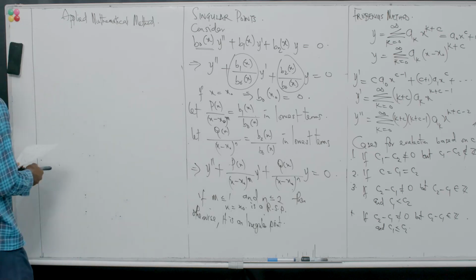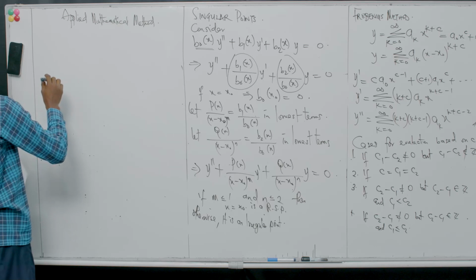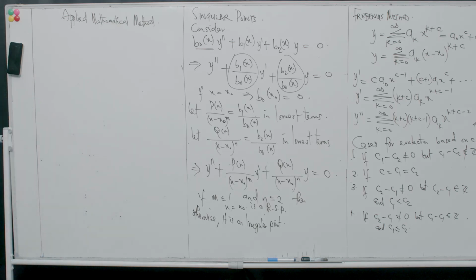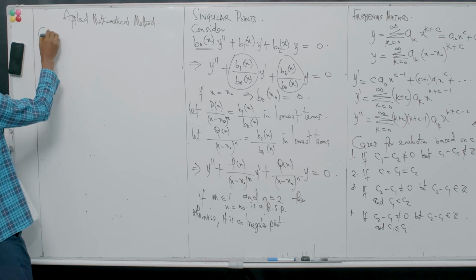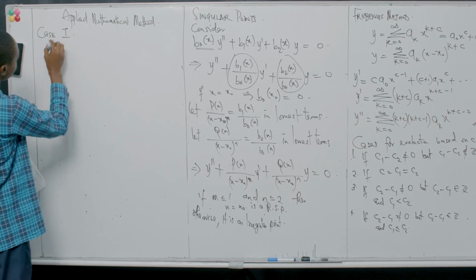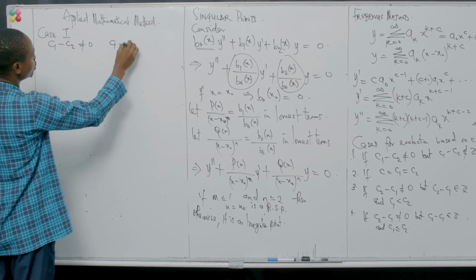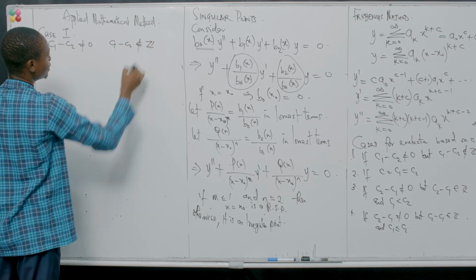So let's take case 1. That is, we are saying c1 minus c2 is not 0, and c1 minus c2 is not an integer.